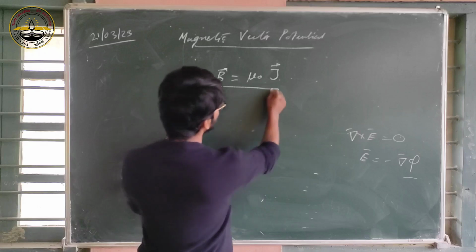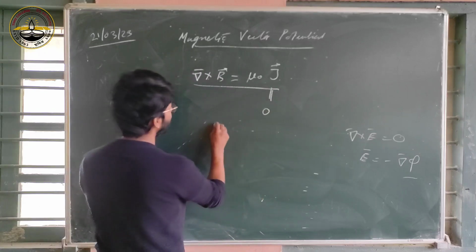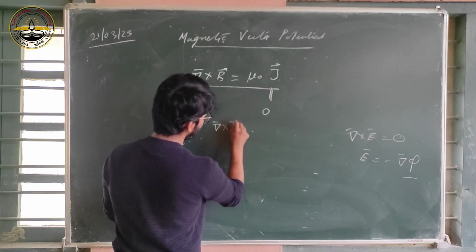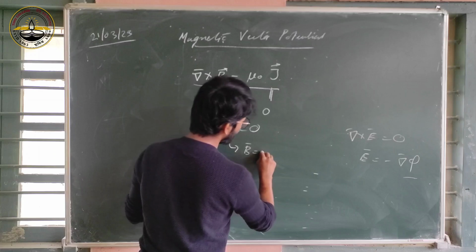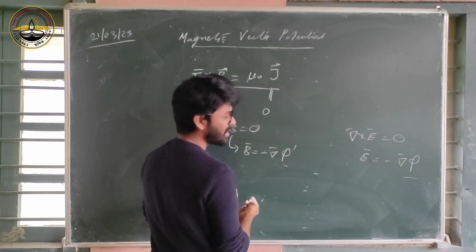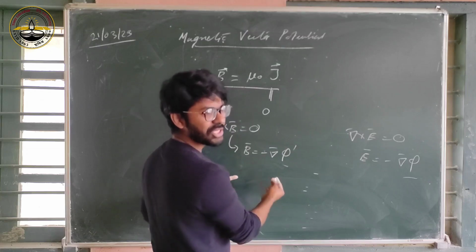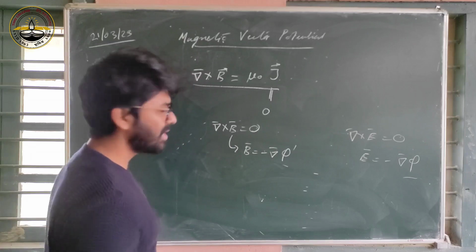If there is no current, then J becomes 0, and in that special condition, yes, del cross B equals 0, and you could write B equal to the gradient of some scalar. But that's not always true. In general, it's not true, like the electric field. So it's not very useful.